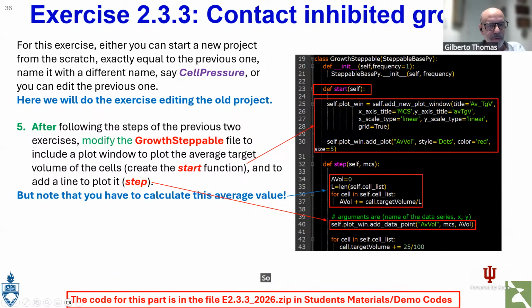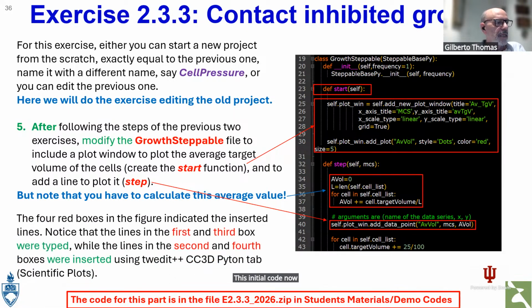This initial code now we can run. Note that the first box and the third box I typed. The second box and the fourth box were included using the CC3D Python drop-down menu from the editor.